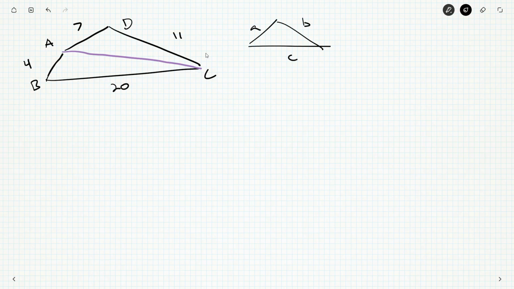Or, I mean, I say we remember, I certainly remember it. If you've got a triangle and C is the longer of the sides, A plus B is greater than C. Okay. So what does this tell us? Well, it tells us things like AC must be less than AD plus DC, but I know both of those values. 7 plus 11.